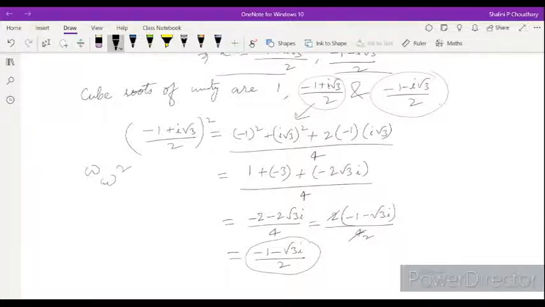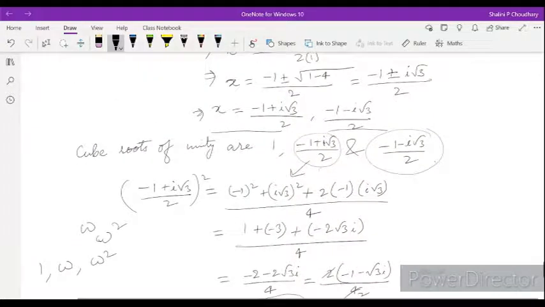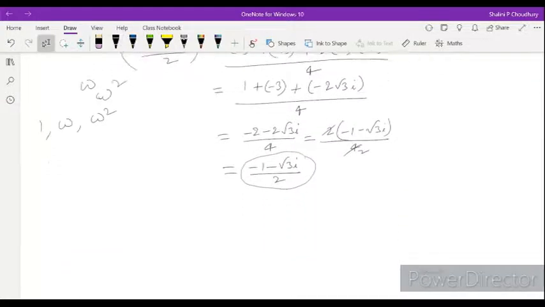So there are three roots, which will be considered as 1, omega and omega square. Similarly, when we find the square of this root, we'll get this one. So we can say that these are the three cube roots of unity. 1 plus omega plus omega square will be equal to 0.